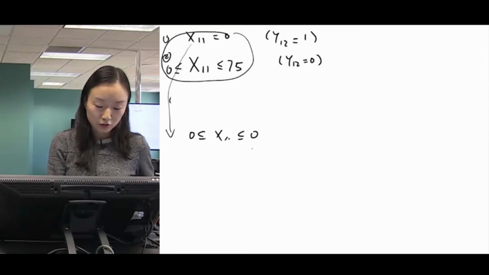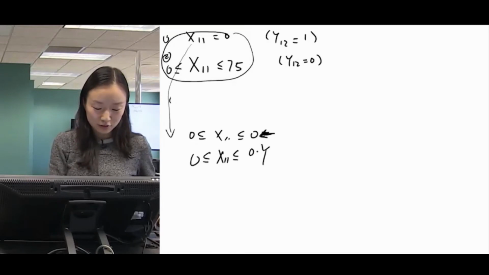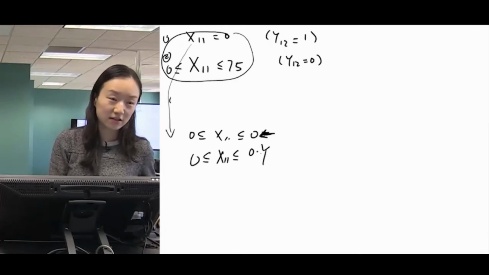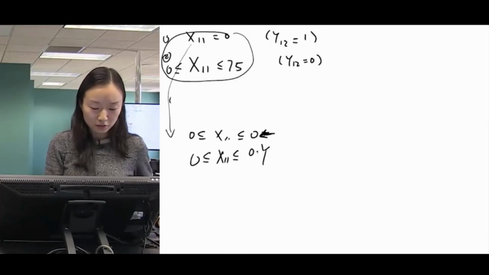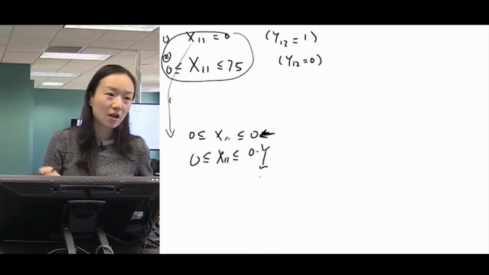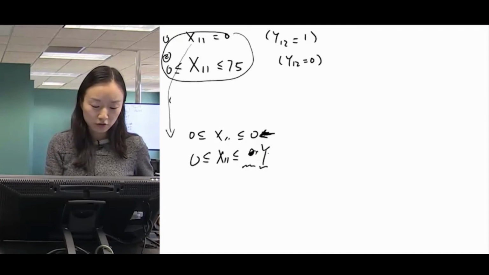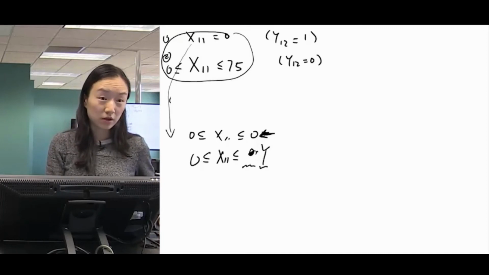And we cannot write, say, 0 times y, because no matter what the y value is, you will get 0 for sure. But we know this y value will be 0 in one case, right? So if you put it on the other side, multiplied by some numerical value other than 0, then you will force this x11 to be 0 in some situation. So put a y here, okay?